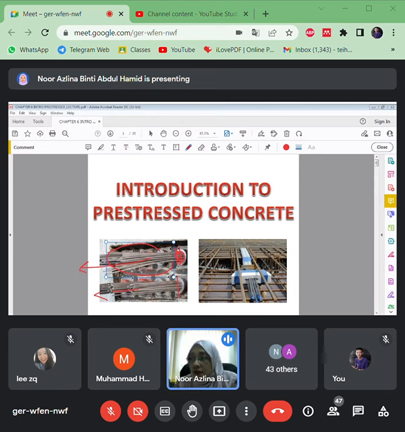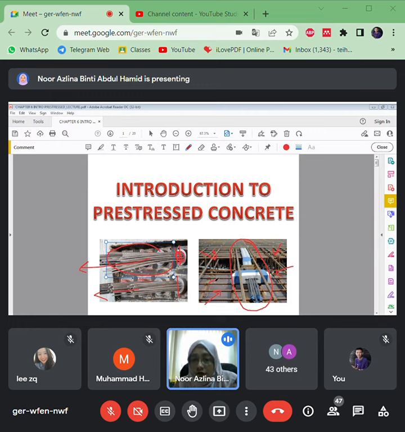At the same time, the main bar also goes through the same process. We have to arrange all the main reinforcement, and at the same time there will be additional tendons for pre-stressed concrete.